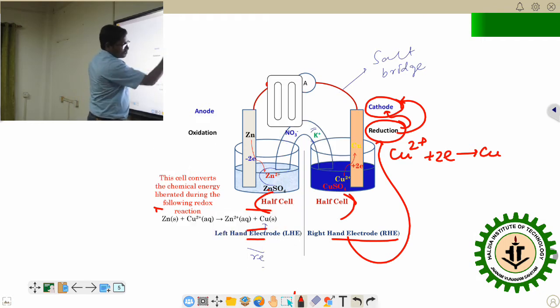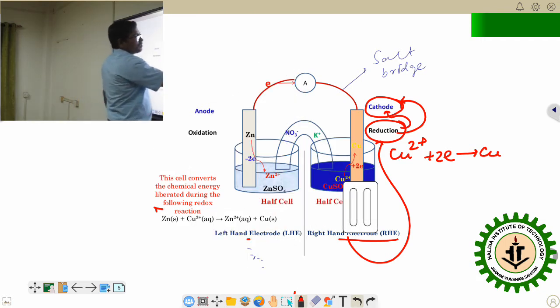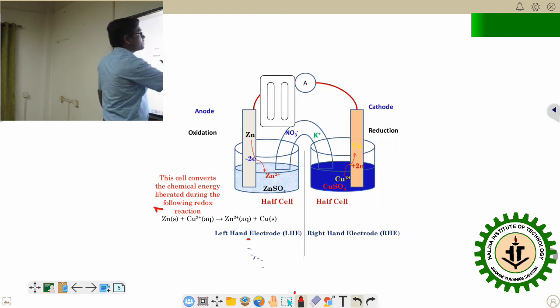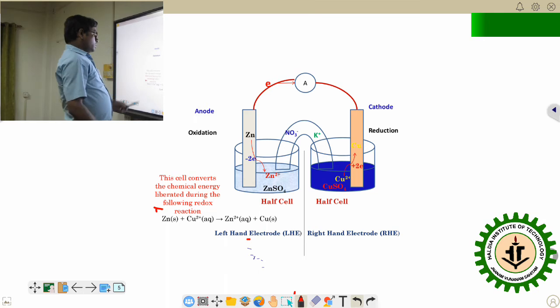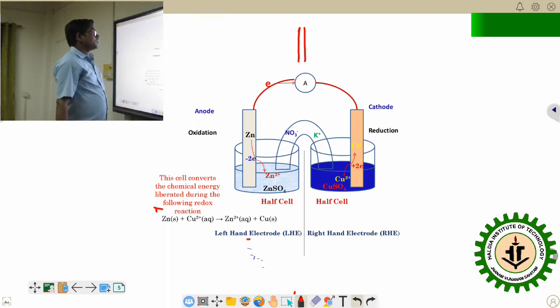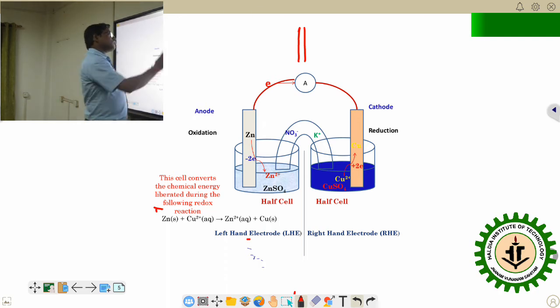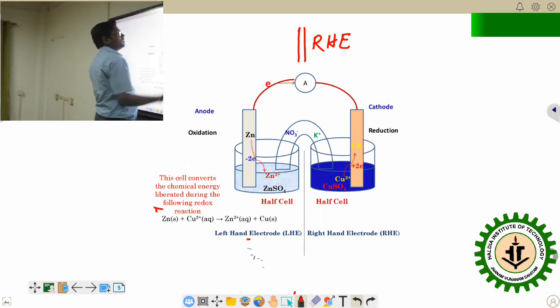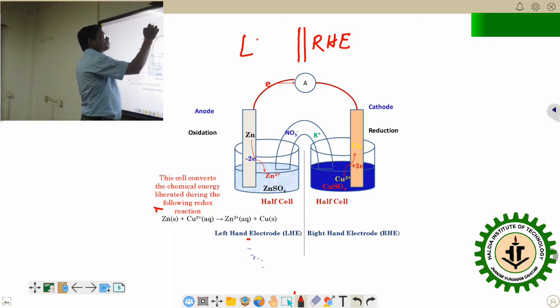Now if we want to represent this cell, we have some convention. What is the convention? By convention we represent the salt bridge using parallel lines. Parallel lines indicate it is a salt bridge. On the right side we draw the right hand electrode. On the left side we draw the left hand electrode.